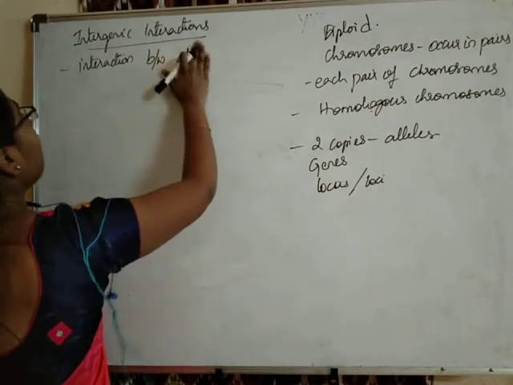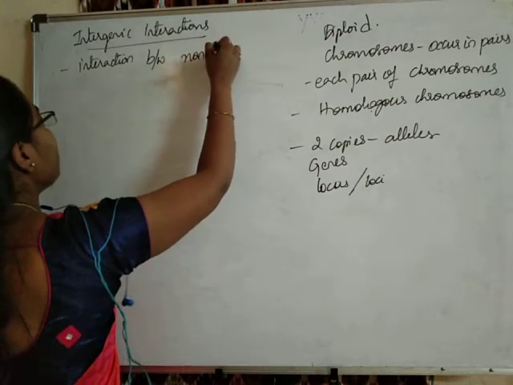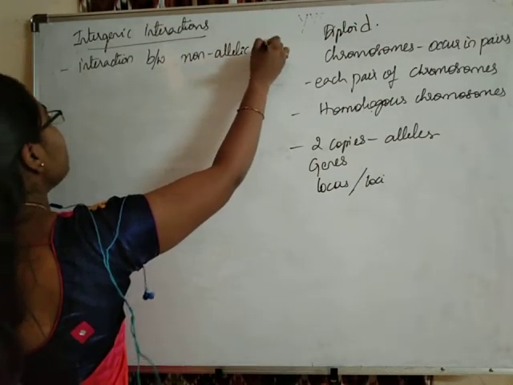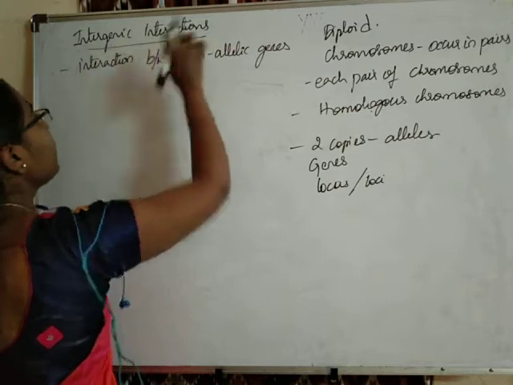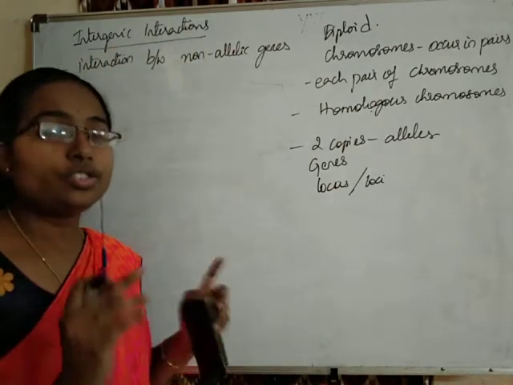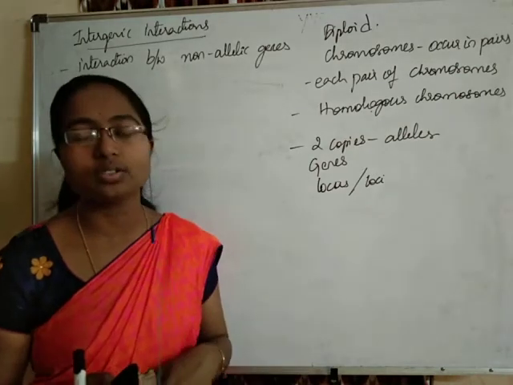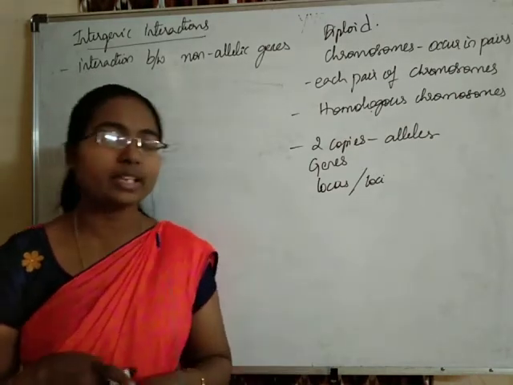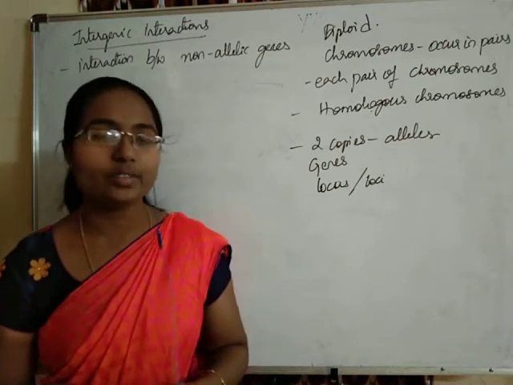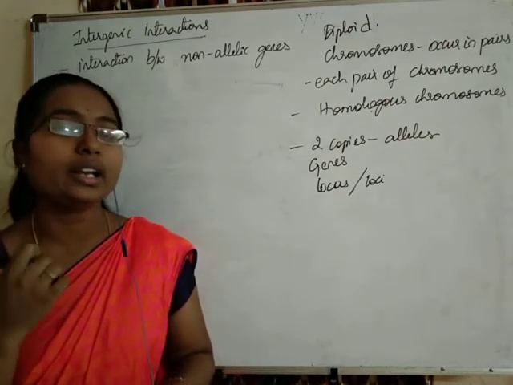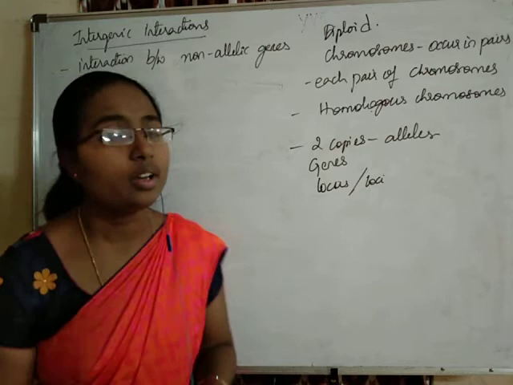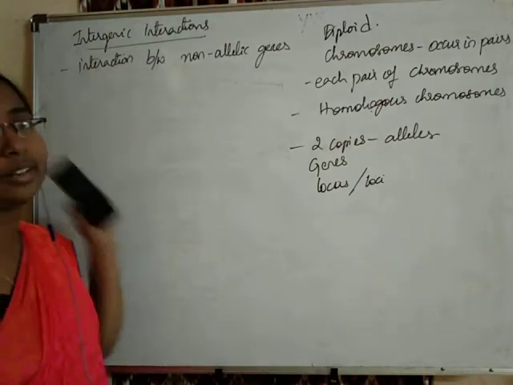Interaction between the non-allelic genes is called intergenic interactions. That means two genes which do not belong to the same gene will be interacting with each other. That is called non-allelic gene interaction, or nothing but intergenic interactions.